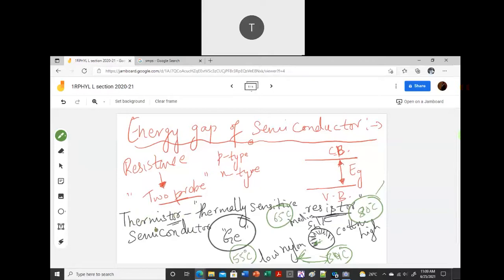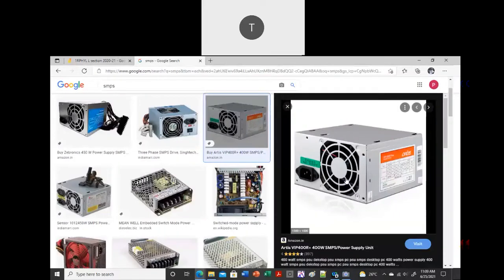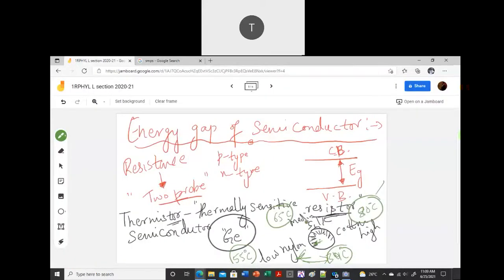So you don't want any such thing to happen. So there is a thermistor which will send the signal to your SMPS. Then if it is going beyond like 80 degrees or maybe beyond 60 or 65 degrees, it will shut down your computer. Okay. So these are some of the safety uses of your thermistor. So you should know this because maybe sometime you are going to use it.